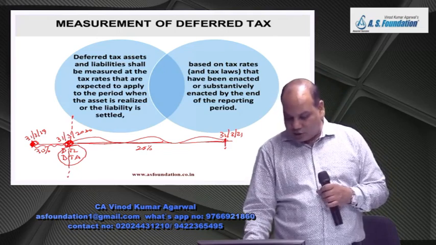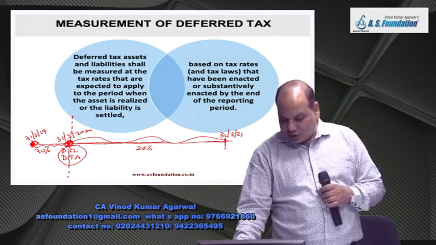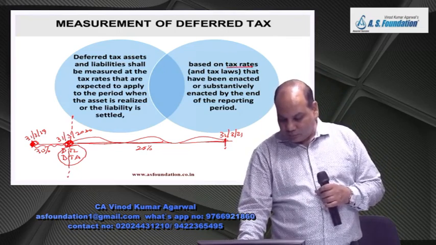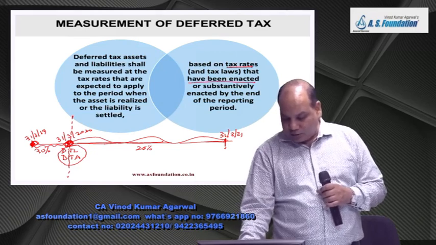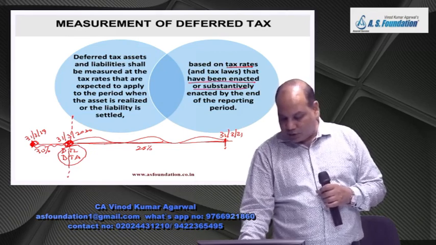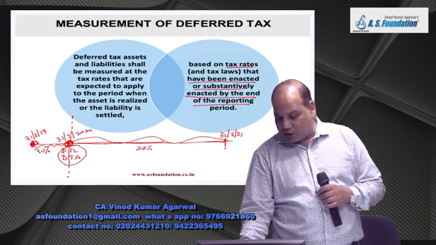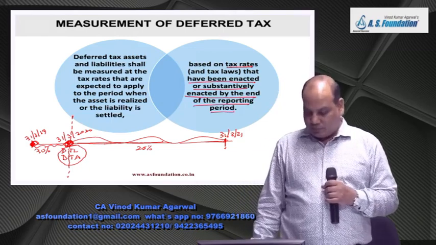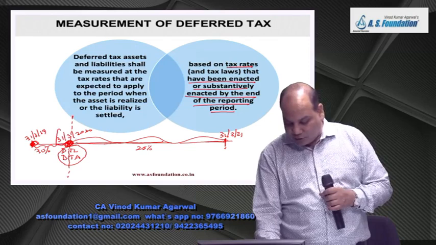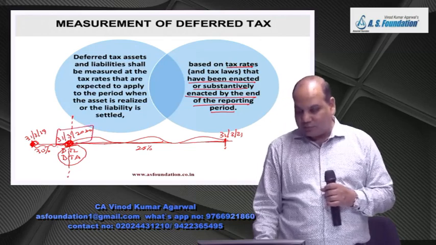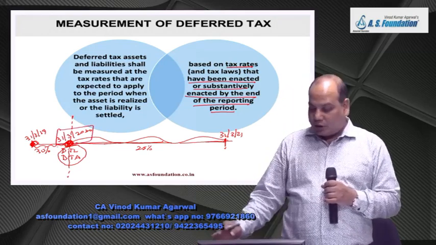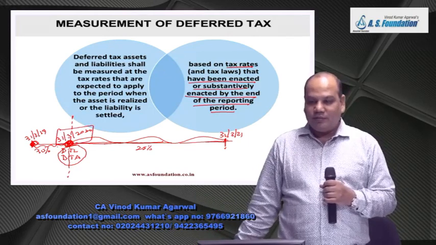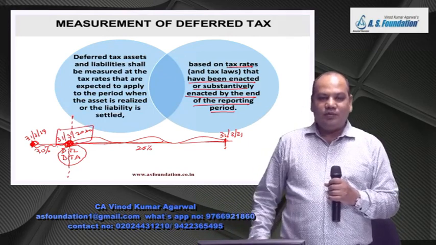But there is a small condition, and that condition is that the tax rate should have been enacted or substantively enacted by the end of the reporting period. That means by the end of 31st March 2020, the rate for next year has been enacted.